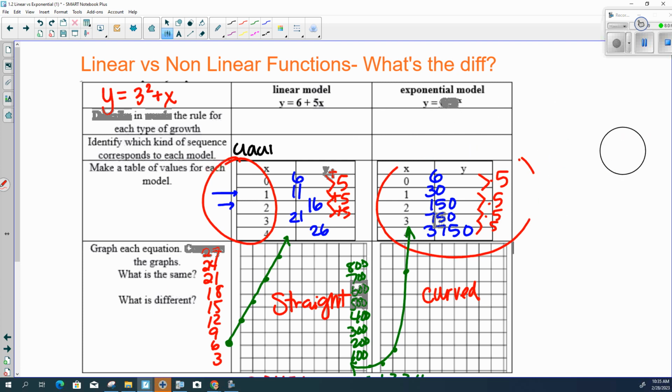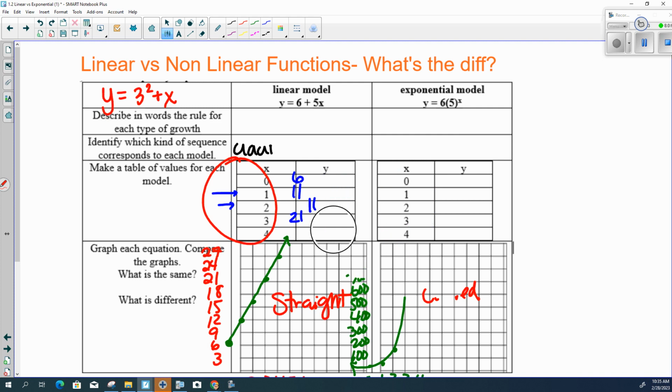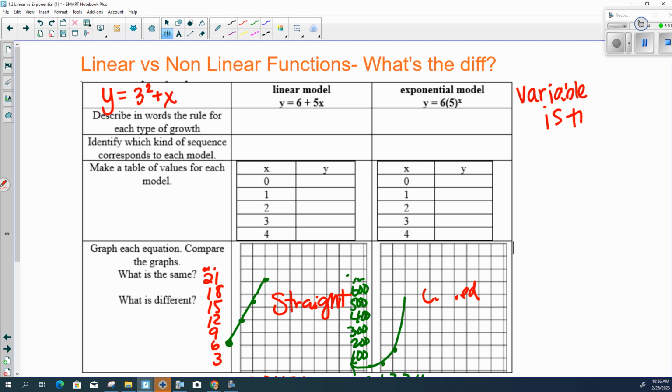What makes an equation exponential or linear? Is it that it has an exponent? Is that all it needs? No. On an exponential model, the variable is the power. The variable is the power.